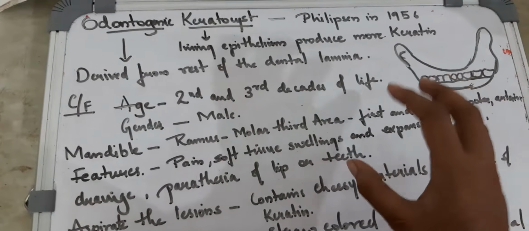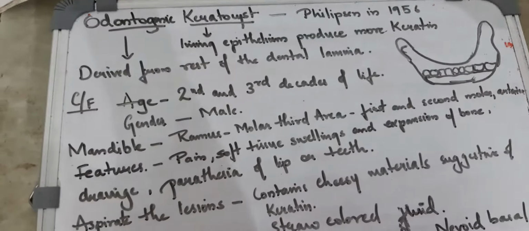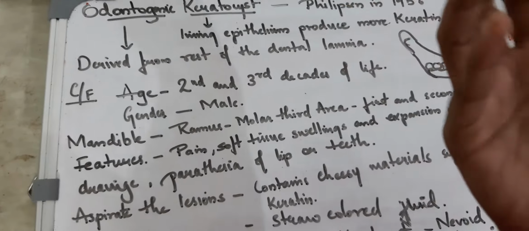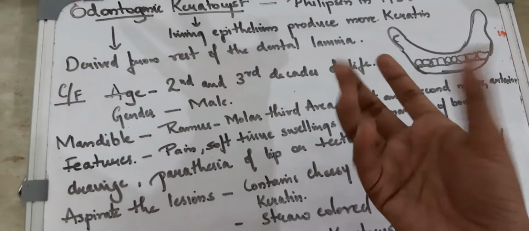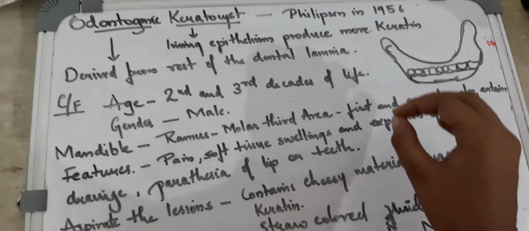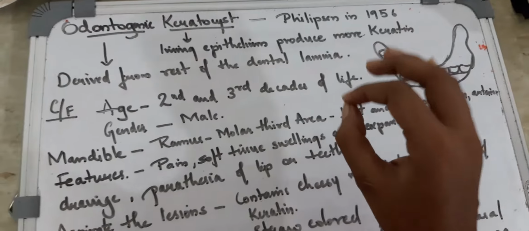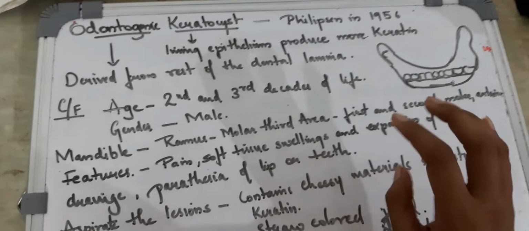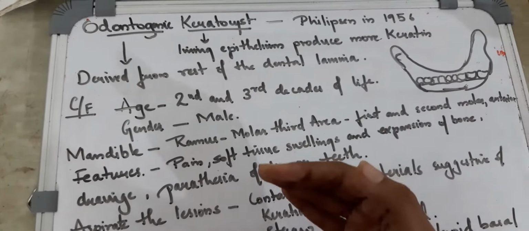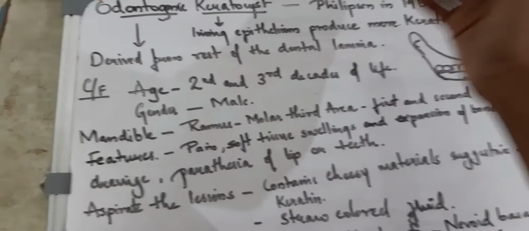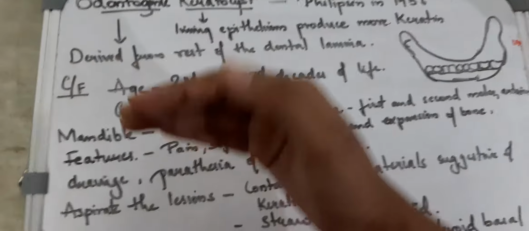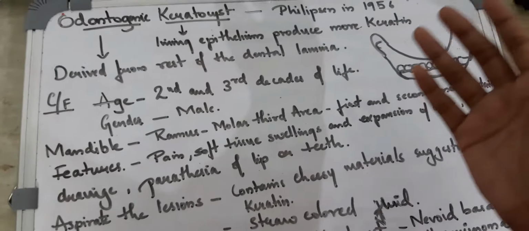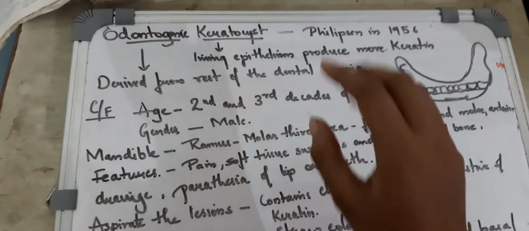Try to draw the diagram and express all the histological points, because when a case comes we will diagnose it with the histological features. Practice the diagram perfectly for the exam, and present your answers with headings: introduction, clinical features, radiographic features, histological portions, and then treatment. So now we are discussing the clinical features.